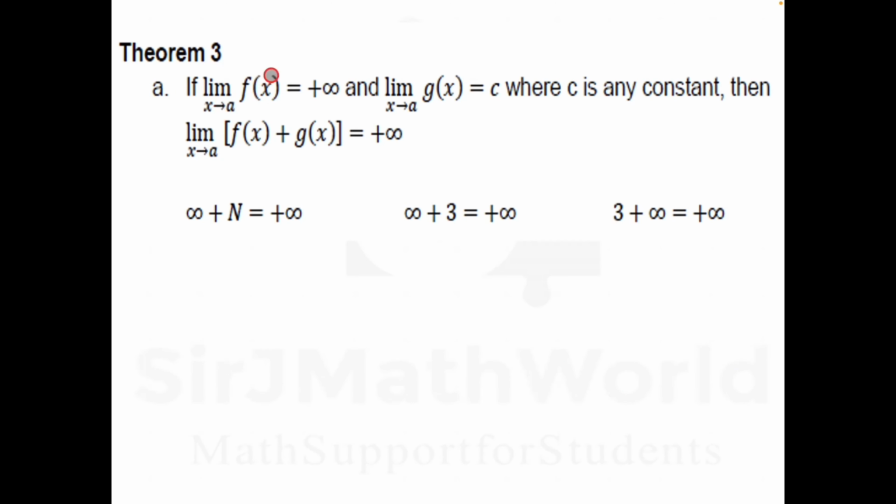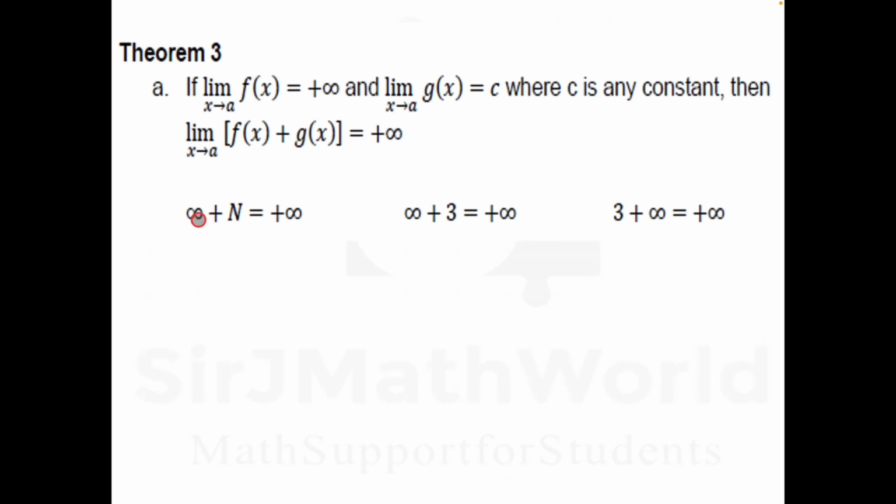The number 3, we have here the f of x is positive infinity, and the g of x is equal to c, where c is any constant. So therefore, magkakaroon tayo dito na the function of f plus the function of g is equal to positive infinity. So, yung f of x daw natin is the positive infinity, while yung g natin is any number.